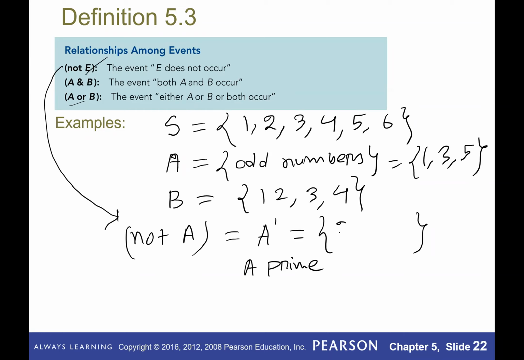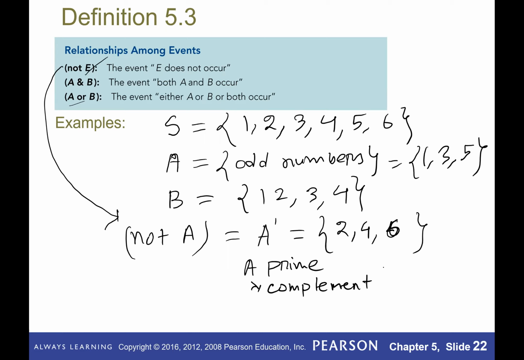So it will be 2, 4, 6. That means all the elements in the sample space which are not in A. This is called A complement. So this is 2, 4, 6.